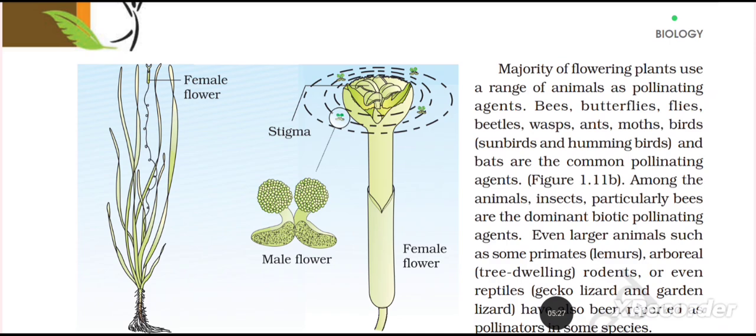Majority of flowering plants use a range of animals as pollinating agents: bees, butterflies, flies, beetles, wasps, ants, moths, birds like sunbirds and hummingbirds, and bats are the common pollinating agents. Figure 1.11b. Among the animals, insects, particularly bees, are the dominant biotic pollinating agents.